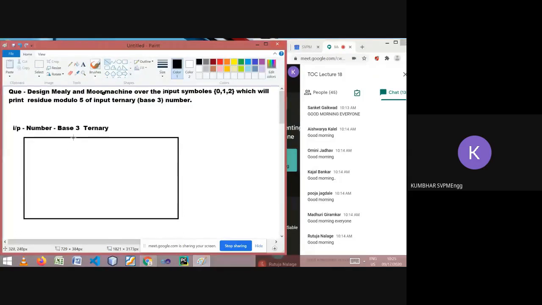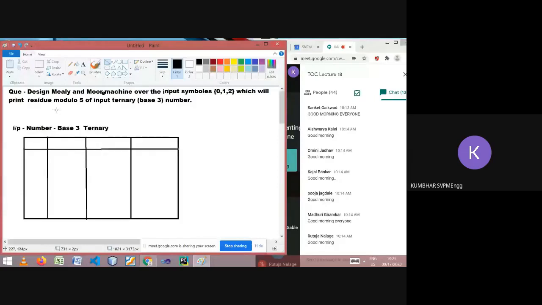I'm going to write down the decimal and how that decimal will be represented as a ternary number. Recall, binary number means every number will be represented using only two symbols 0, 1. Similarly, ternary means every number will be represented using three symbols 0, 1 and 2.